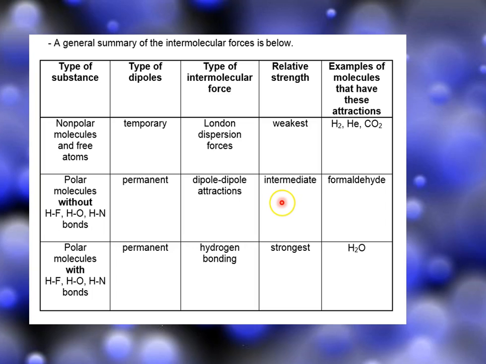Their relative strength is intermediate. And then we have polar molecules that do have hydrogen-fluorine, hydrogen-oxygen, and hydrogen-nitrogen bonds. They have permanent dipoles. They form hydrogen bonding, which is the strongest of the intermolecular forces. And with that, that's the end of our video lesson 2.